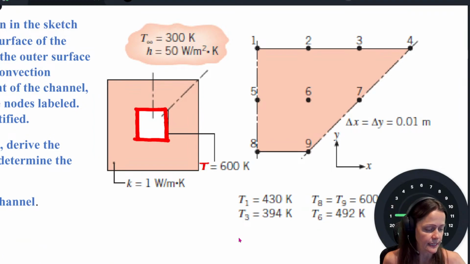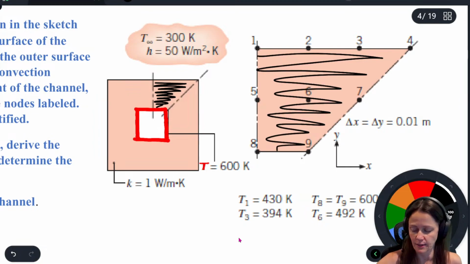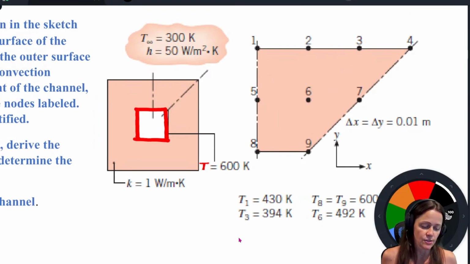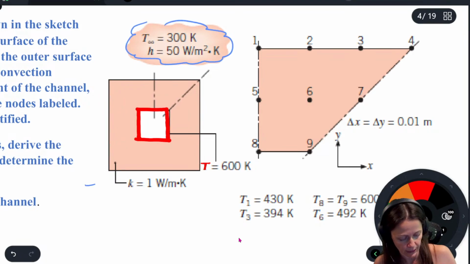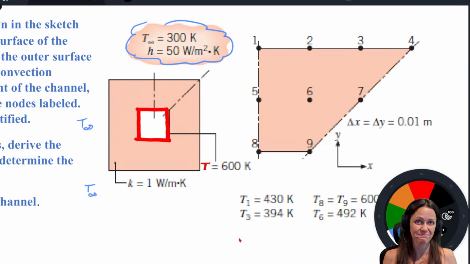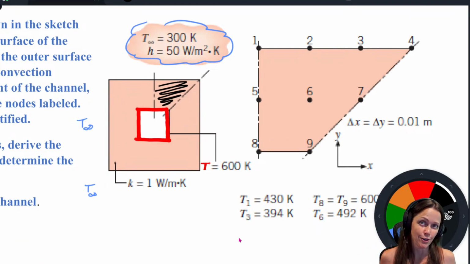And they've got a cutout, this little section right here. Because we have convection all the way around, we've got thermal symmetry for this thing. So if I figure out the temperature distribution in this section, I've figured it out for the rest of it, because it's just copy and paste all the way around. You see what I'm saying?